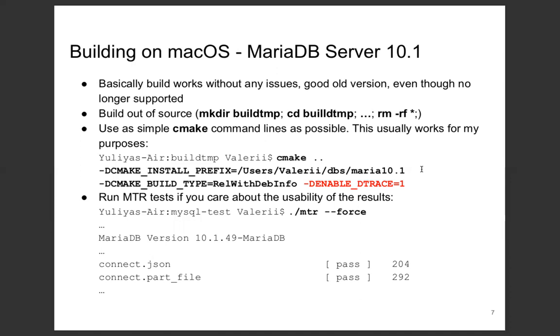Another reason why I decided to proceed with macOS as well is to use DTrace there and to use all the features for DTrace we still have in the source code, specifically user-defined static DTrace probes. You have to use this define, enable DTrace, and I use it in all my builds.